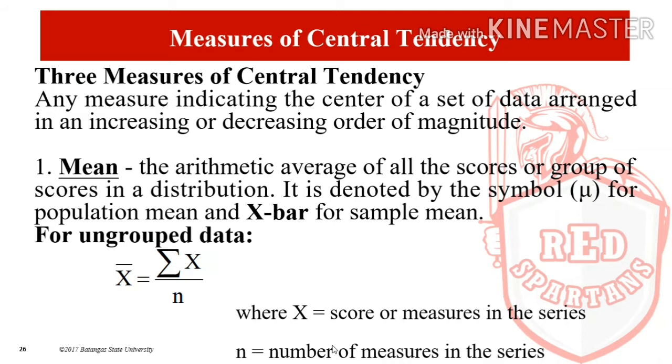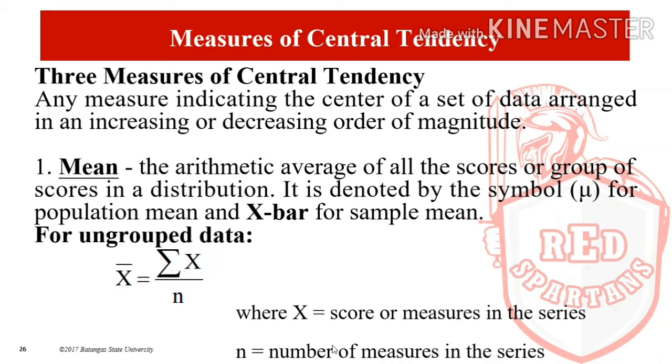So si mean is the arithmetic average of all the scores or group of scores in a distribution. So yung mean kapag sample, siya ay x bar, and kapag naman population, siya ay mu.